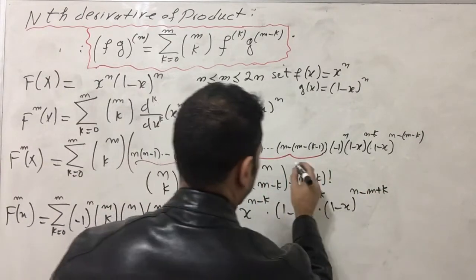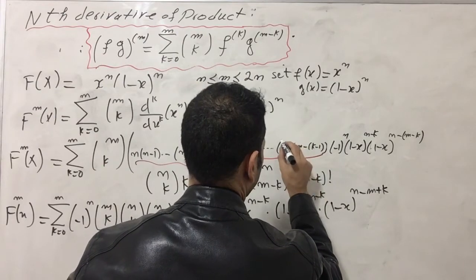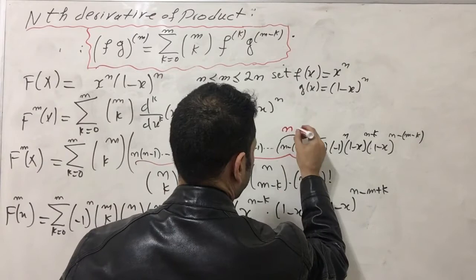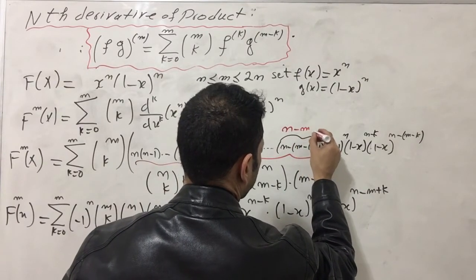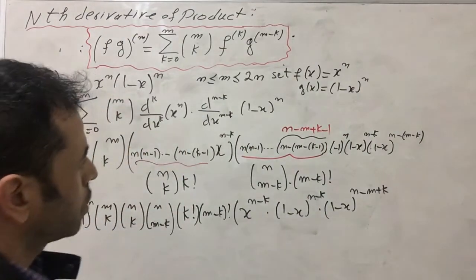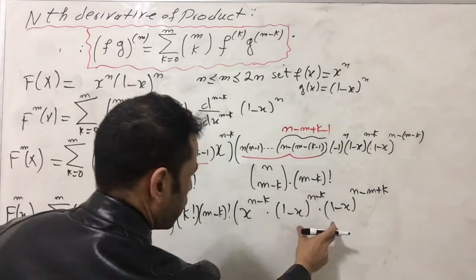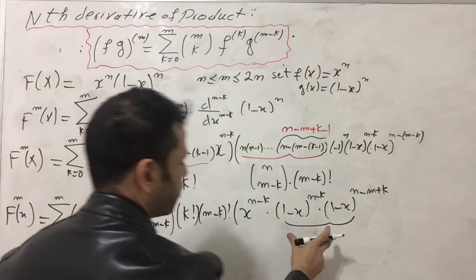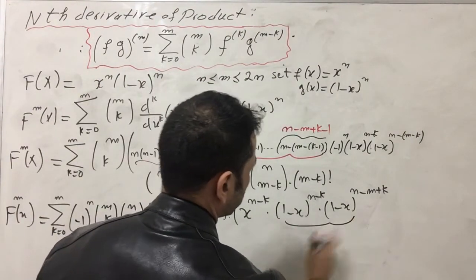So if you take a look here, this is n minus m plus k. Now I'm going to simplify this one. If you take a look at these two functions, I can put them into one function.